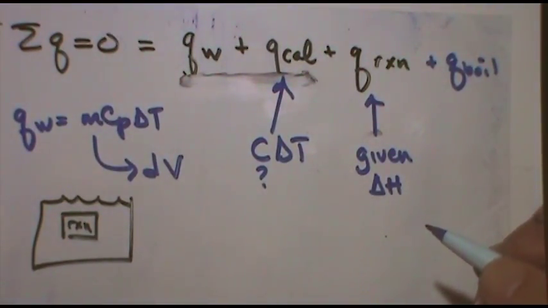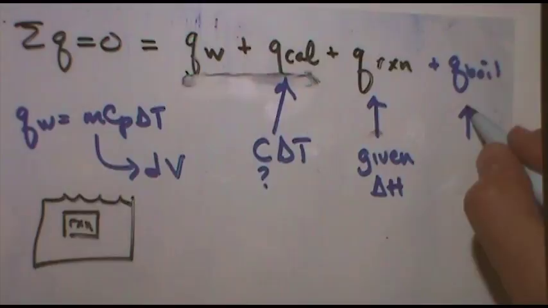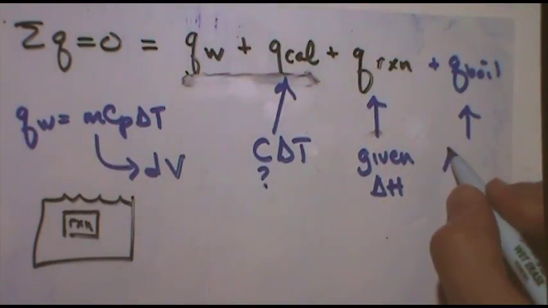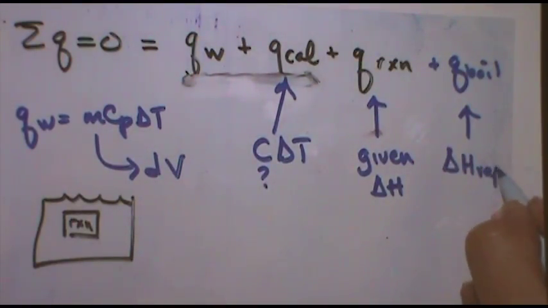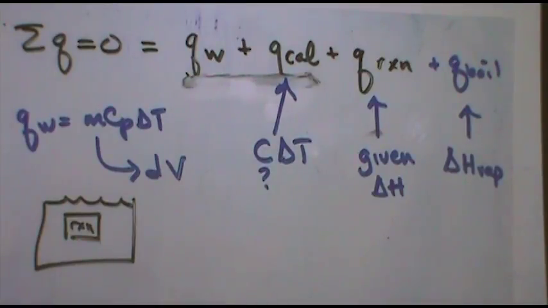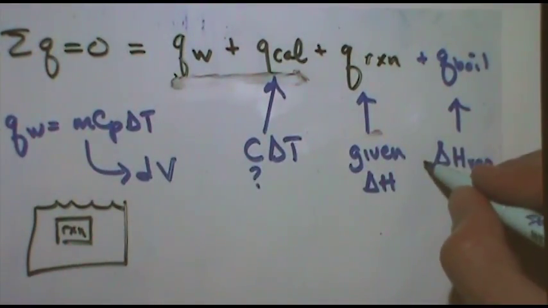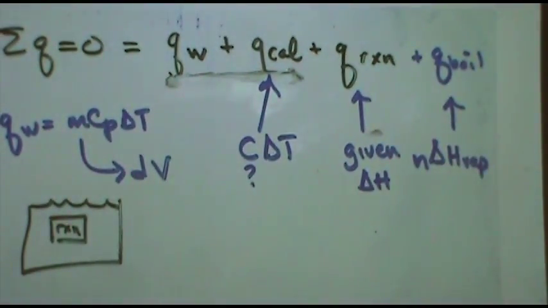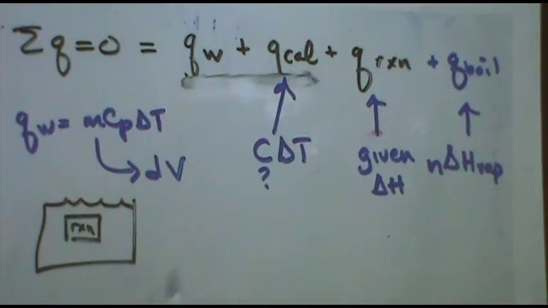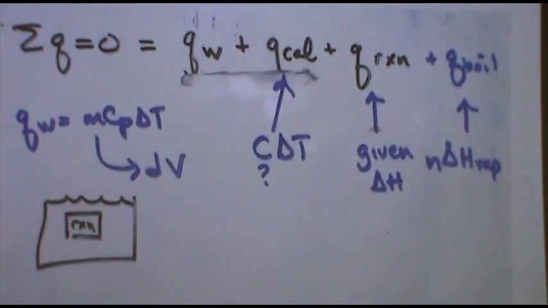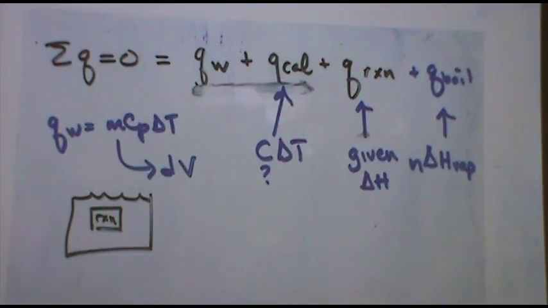That's cool? Okay. Q of boiling, that we call delta H of vaporization. That's on the back of the test. You'll need to multiply that by n because it'll be per mole. There's only one unknown and that's C. Does that feel okay? Okay, you were number 4, right? Did I miss something? n.